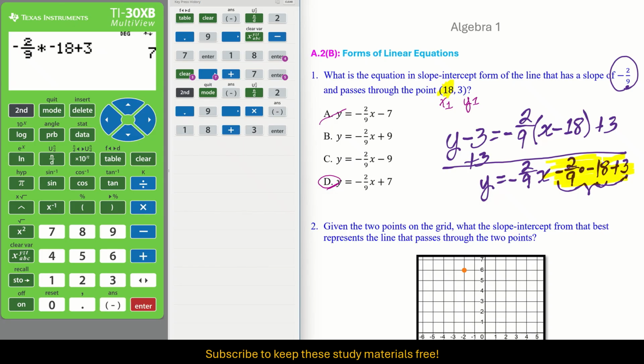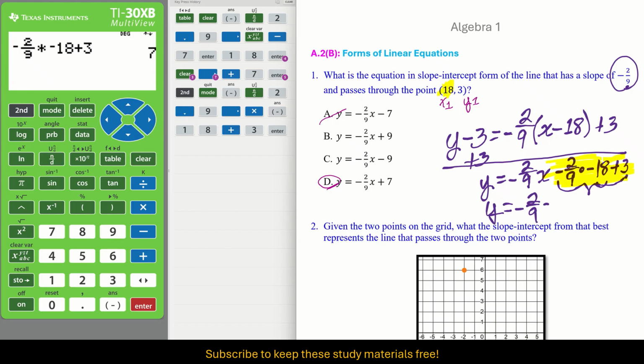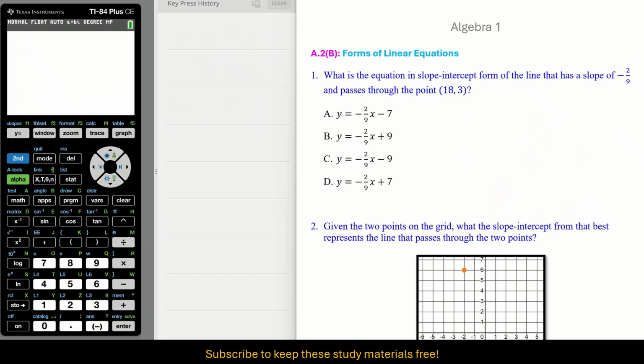Press enter and it's a +7. So that actually verifies our solution. So what this equals is y equals -2/9 x, and all of the yellow is our +7, which is option D.